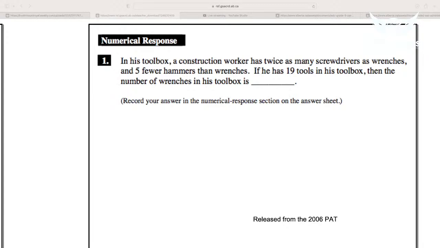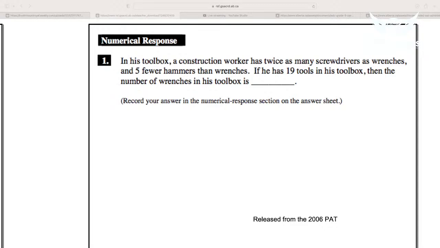So we can see that screwdrivers and hammers, these quantities depend on how many wrenches we have. So then x will be the number of wrenches. And how many screwdrivers? Twice as many screwdrivers as wrenches.